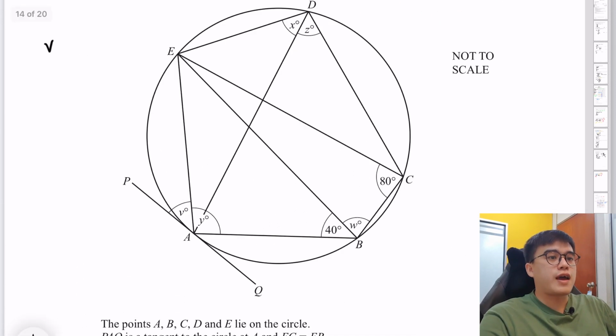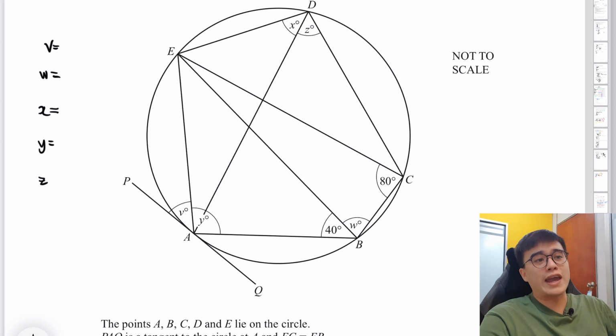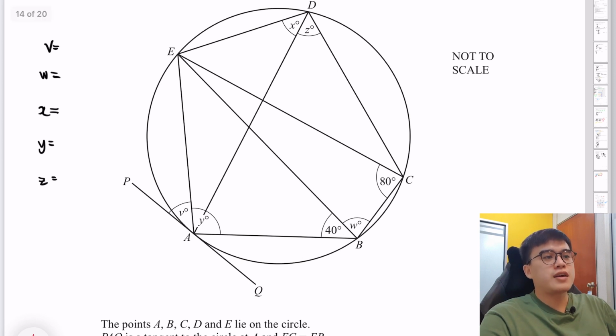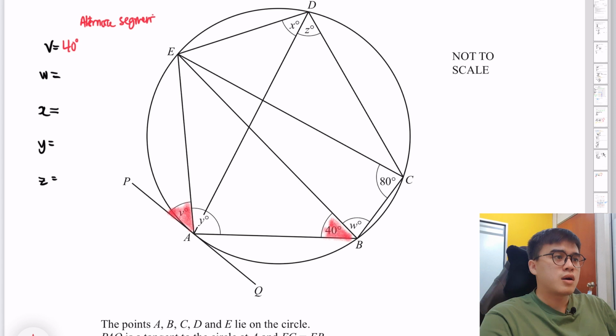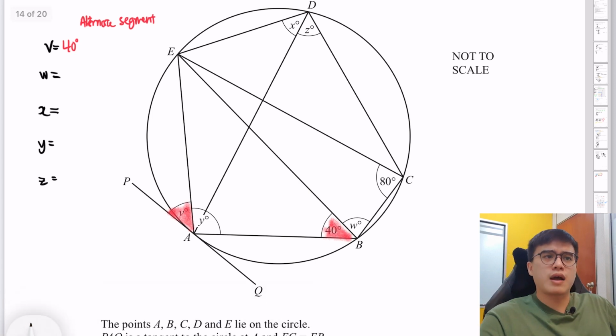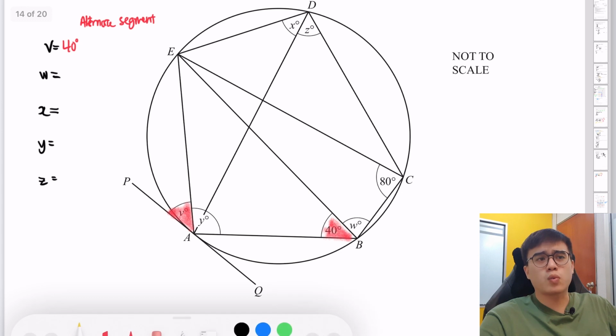Moving on, we have a circle theorem question here where they ask us for V, W, X, Y, and Z. V here is actually 40 degrees. The reason being I'm using the alternate segment theorem. After identifying my V, I couldn't quite identify my W and X right away.